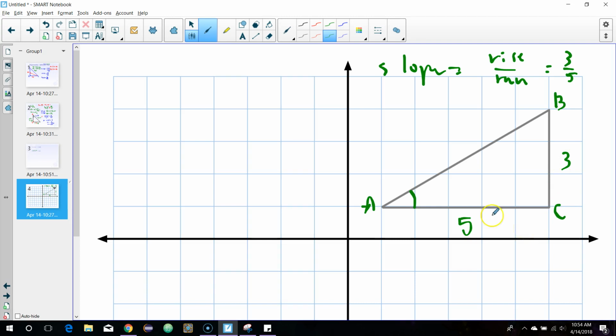That means when you find this, you have the opposite of A, and then you have the adjacent over here, and so you should be able to use tangent A is equal to 3 over 5, and subsequently A is, because we are finding an angle, tangent inverse of this.